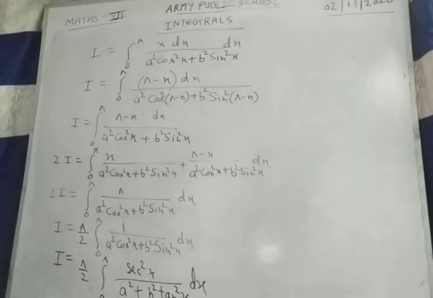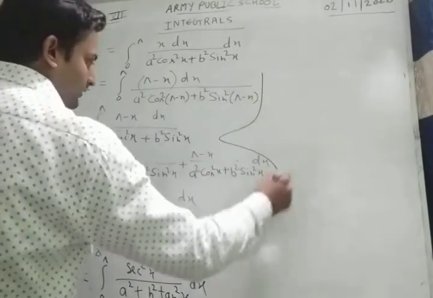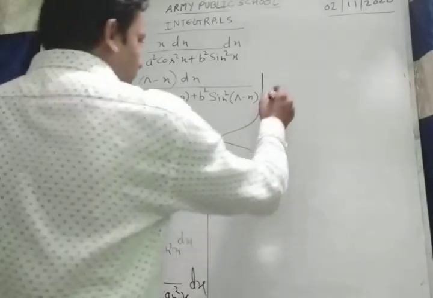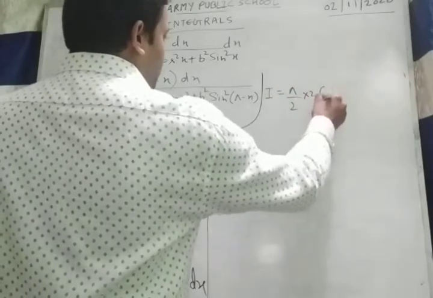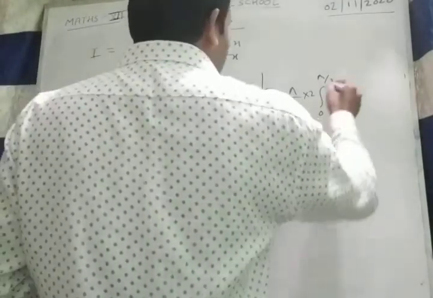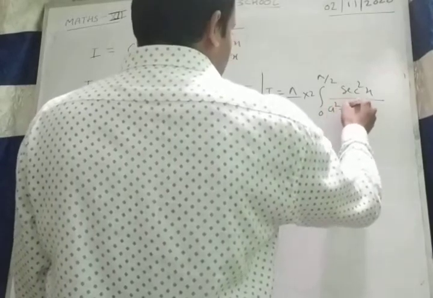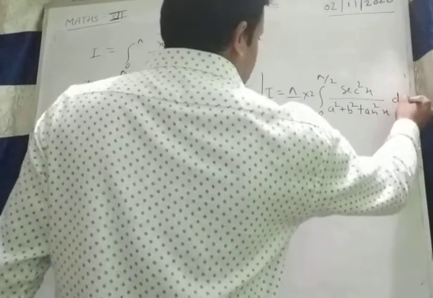Now we will change this. We are taking 2 outside. From here we get pi by 2 into 2, integral from 0 to pi by 2, and this is sec square x by a square plus b square tan square x dx.